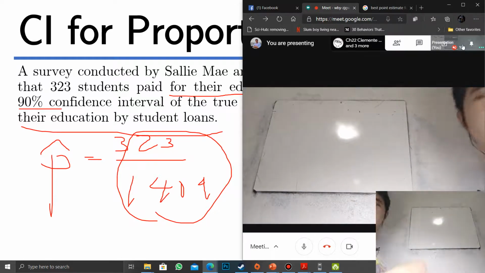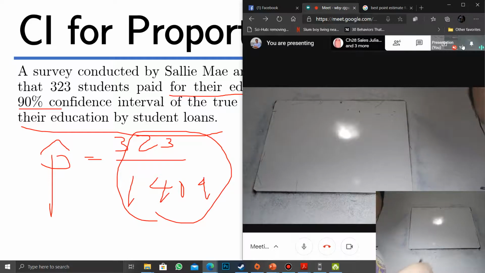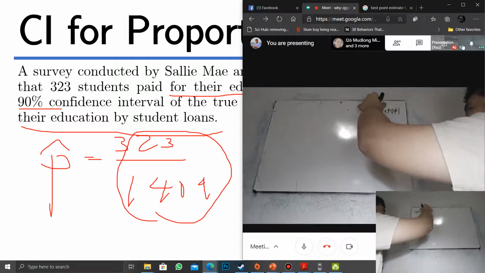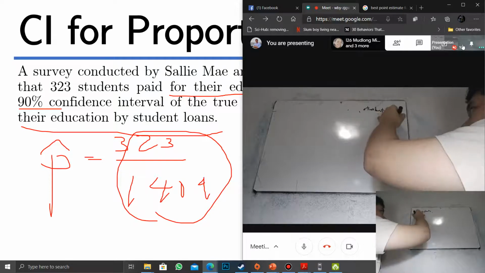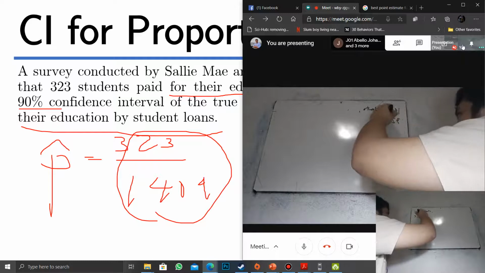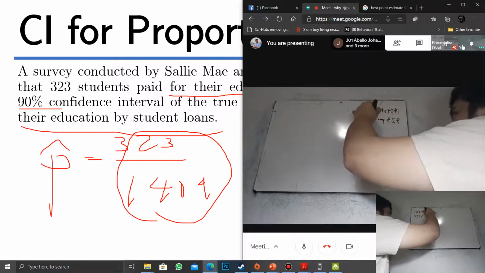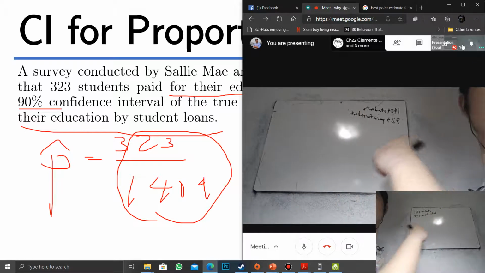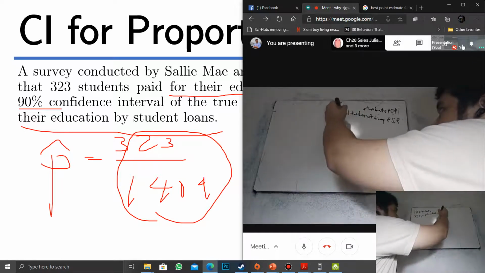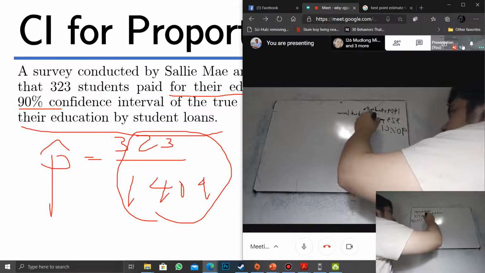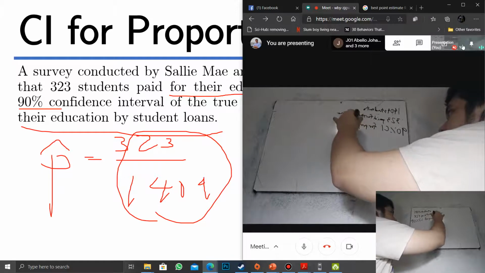Di ba sabi? 1,404 students, 323 paid for student loans. Find population proportion. I find confidence 90% CI for proportion that paid student loans, di ba?